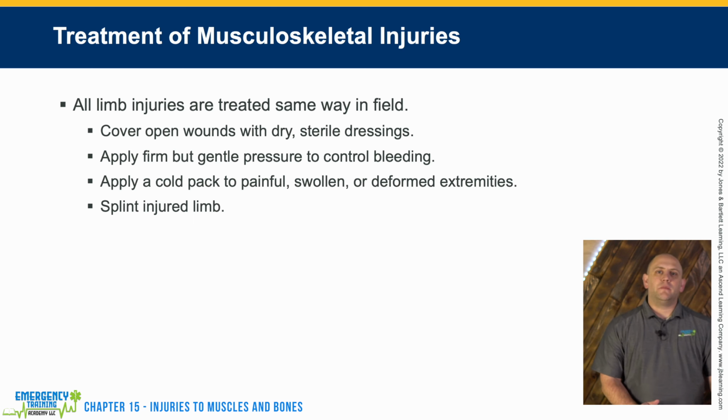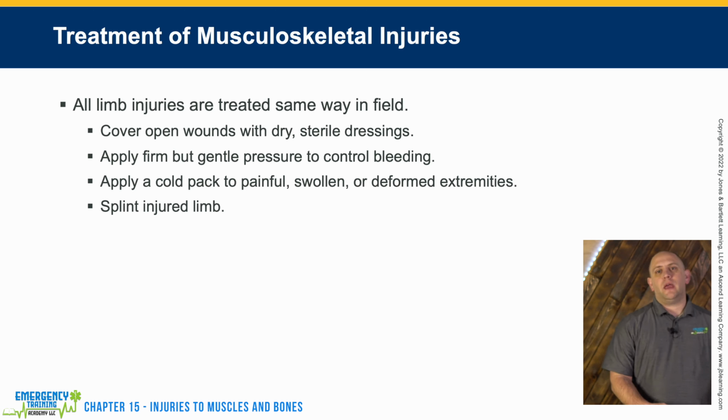Any of these limb injuries that we find, we're going to go ahead and treat similarly. We want to make sure that we cover any open wounds with dry sterile dressings. If there is bleeding, we need to stop that bleeding, whether it is putting direct pressure on there or if we need to move to applying a tourniquet or some other way to control that bleeding.